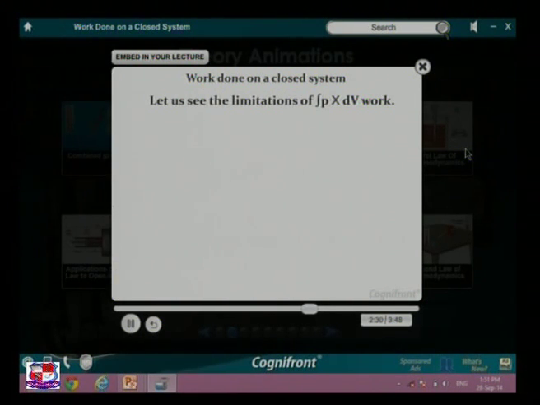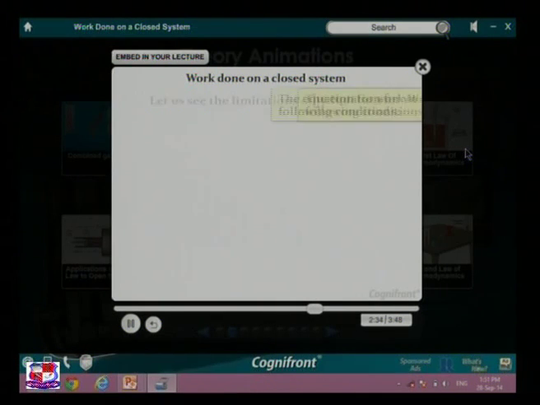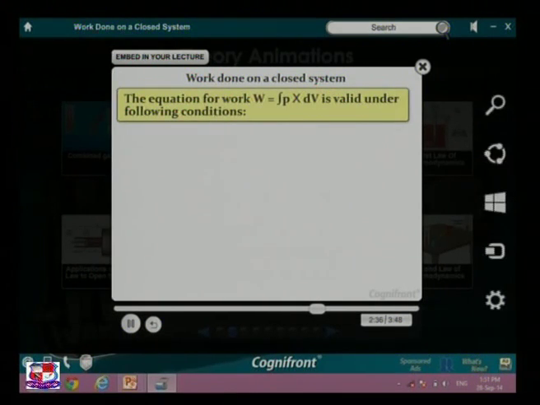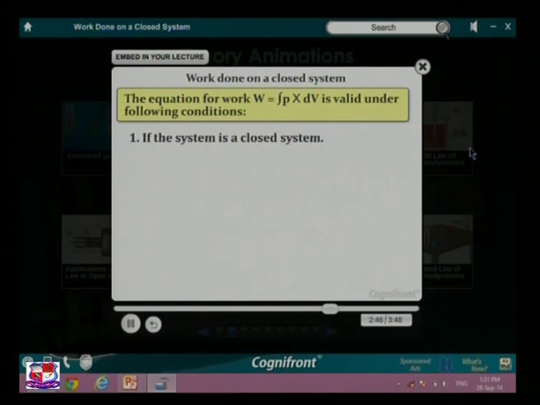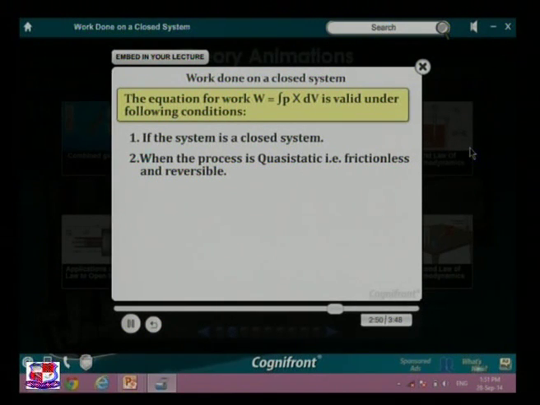Let us see the limitations of P into dV work. The equation for work W equals integration P into dV is valid under the following conditions. 1. If the system is a closed system. 2. When the process is quasi-static, that is frictionless and reversible. 3.